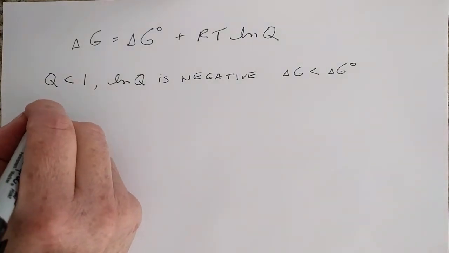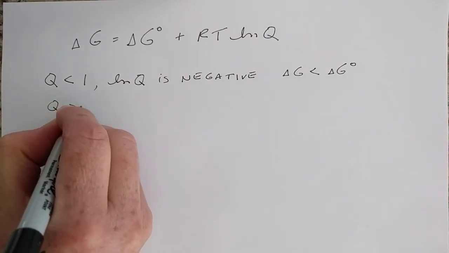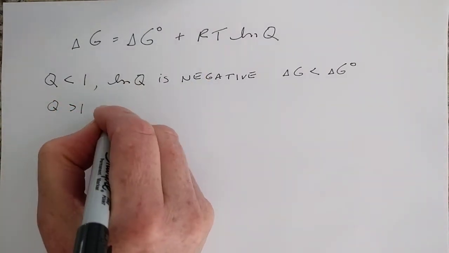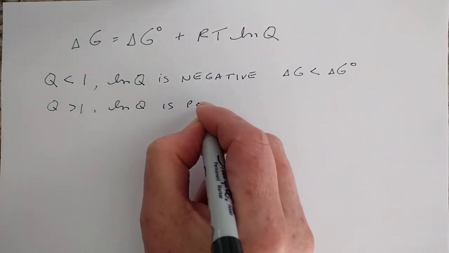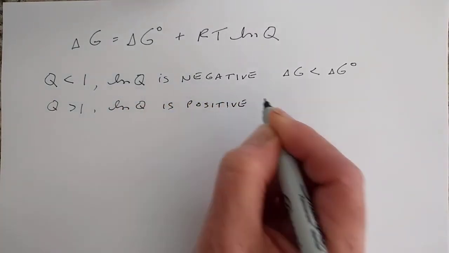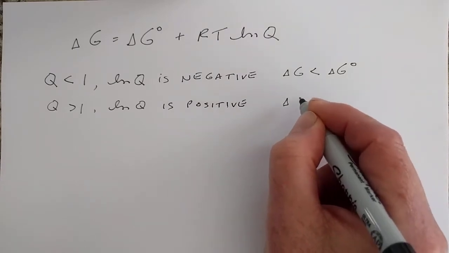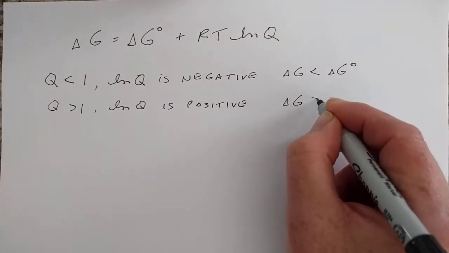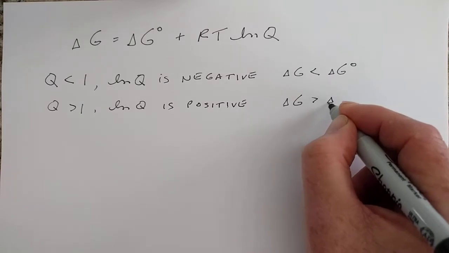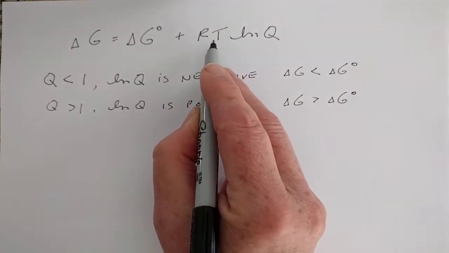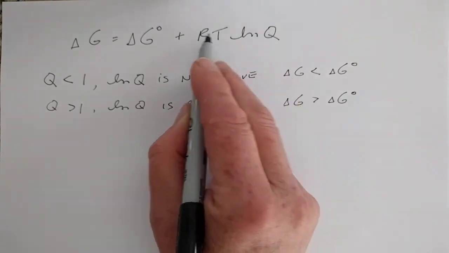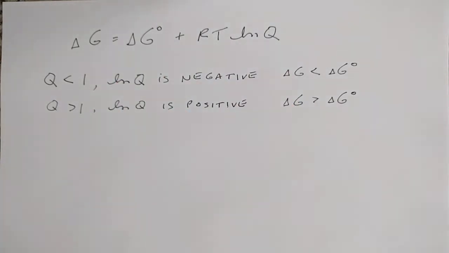All right, so if our Q then is greater than 1, then our ln of Q is positive, and our delta G is greater than the delta G zero. Because R is always positive, T is always positive, the Kelvin temperature. So if this is positive, we're adding to delta G zero. So we're getting more positive.